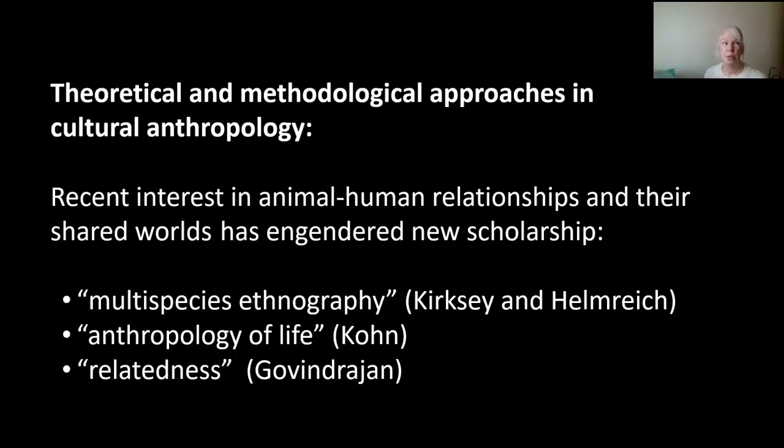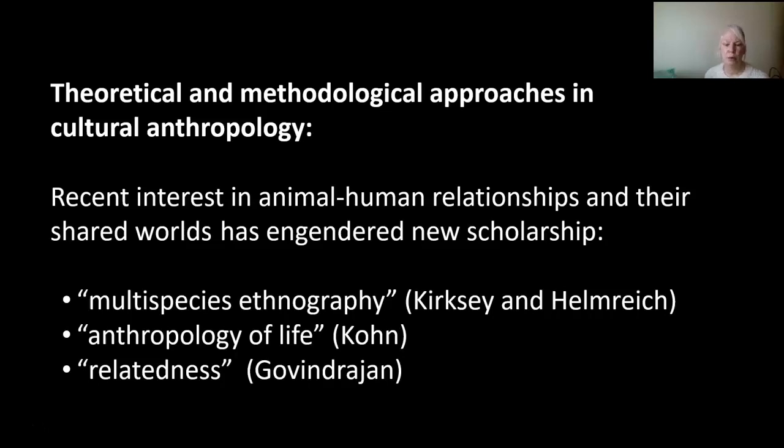You'll read, not in this first section, but a little bit later in the course, the work of an anthropologist named Cohn, who talks about the anthropology of life, and really about, again, people interacting with and cohabiting with the natural world, including dogs, but other animals and other kinds of species as well.